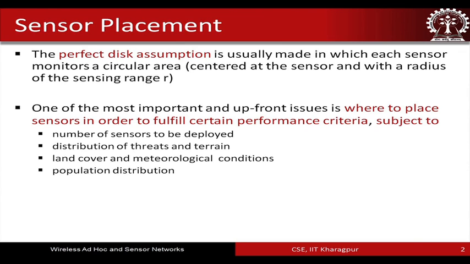First of all, in the sensor placement problem, it is assumed that there is a perfect disk that is used for deployment. That perfect disk assumption is usually made, in which each sensor monitors a circular area centered at the sensor with a radius of the sensing range r.